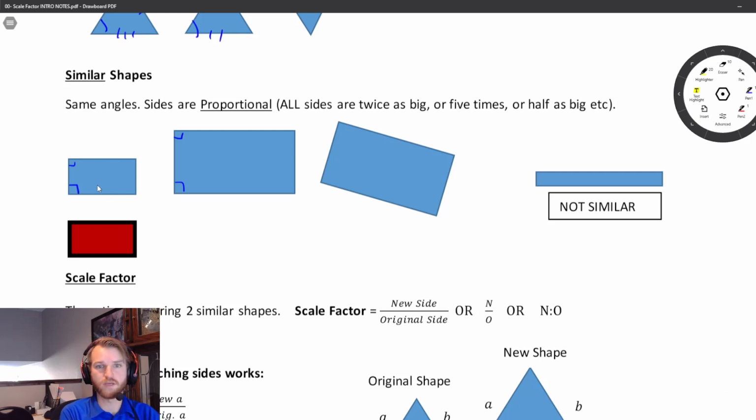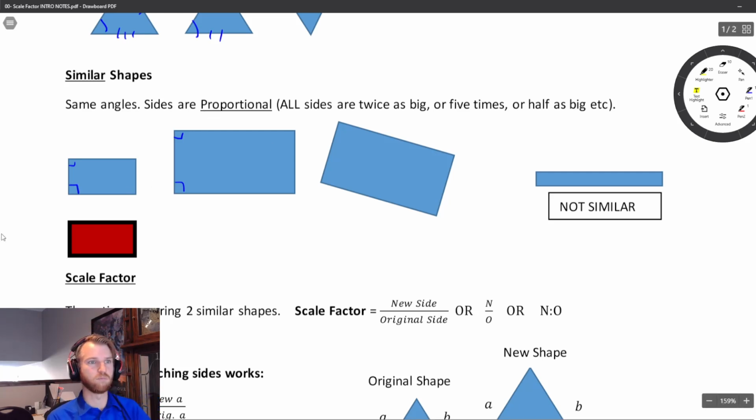For the sides, they don't have to be the exact same, but they have to be proportional. That means that all the sides are getting bigger by the same amount. So all the sides need to be twice as big, or all the sides need to be 10 times as big, or half as big, or whatever it is. All the sides have to be multiplied by that same number. That's our scale factor.